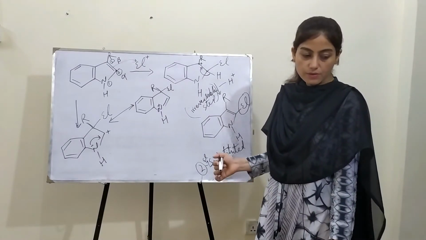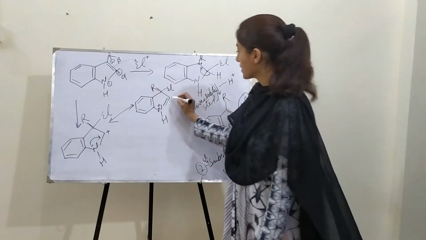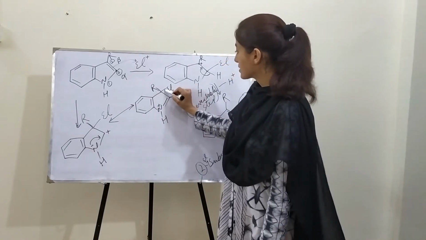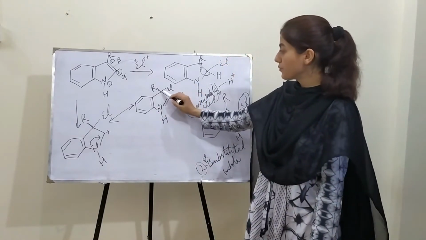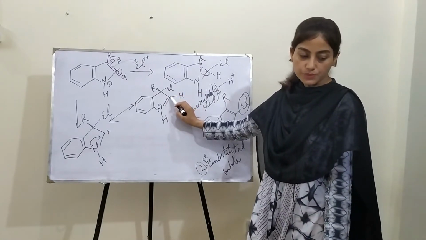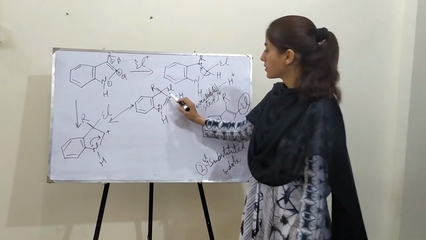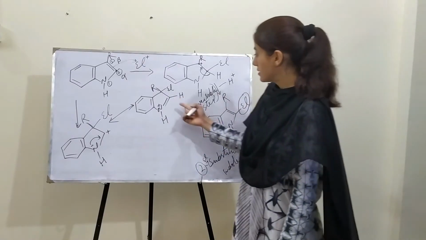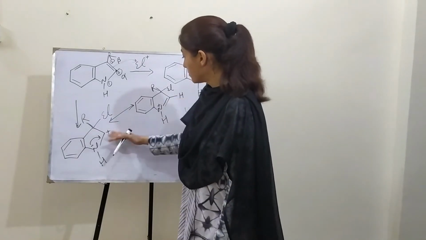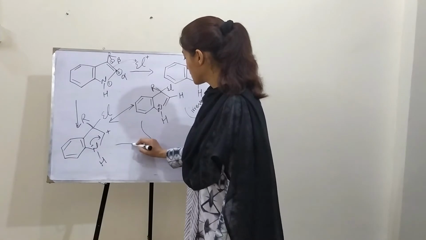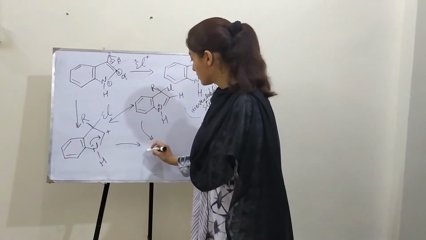So now from this position, as you know that here there is one hydrogen and this electrophile would shift from this 3 position to this position number 2, or from both of these positions. Both of these positions would lead toward this one.